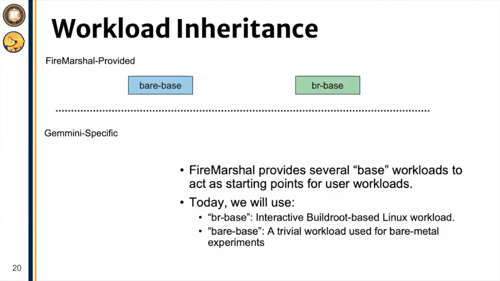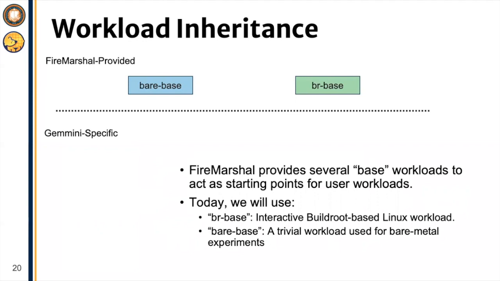So I talked about two different workloads here, or kind of default specifications. One is bare base, which is representing the bare metal workload, aka you're not booting Linux. It's kind of the simplest way of jumping into the main aspect of your program as fast as possible. And then BR base, which represents Buildroot Linux, which is a stripped down version of Linux that runs pretty fast.